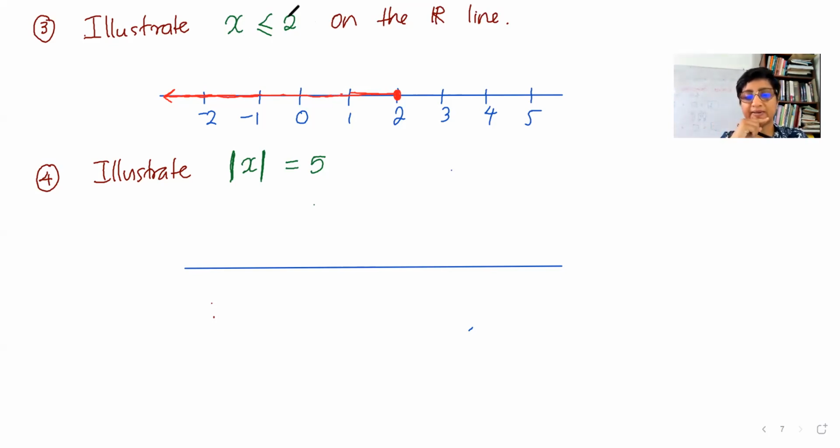For this 4th one, I'll give you time to think and do it. I hope you remember the meaning of modulus of x.